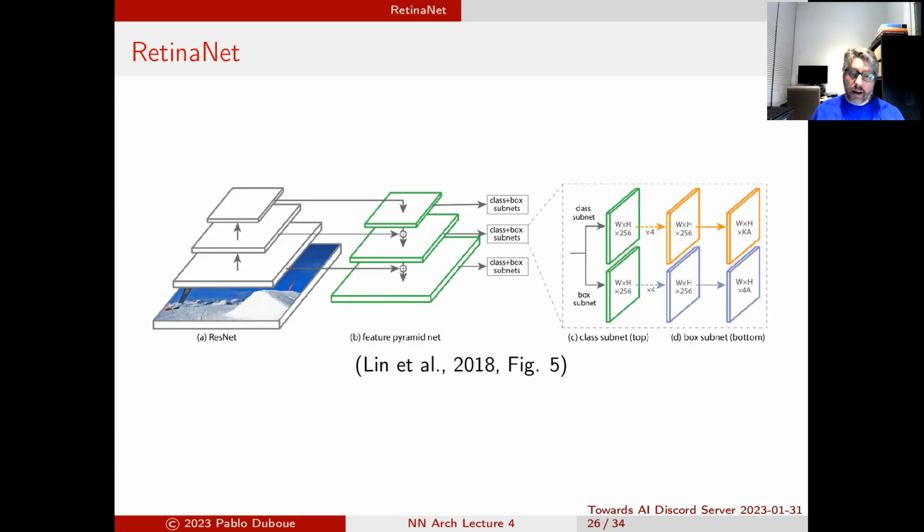And the architecture uses feature pyramids. We're not discussing them today. And then after that, they have the two subtasks as before, one for the class and the other for bounding box detection. Their system starts from a ResNet, and from there it expands into feature pyramids.